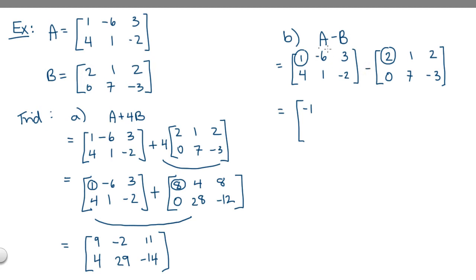Negative 6 minus 1 gives us negative 7. 3 minus 2 is 1. And then moving down into the bottom row, we've got 4 minus 0 is 4. 1 minus 7 is negative 6. And then negative 2, really minus negative 3. Got a double negative in here.